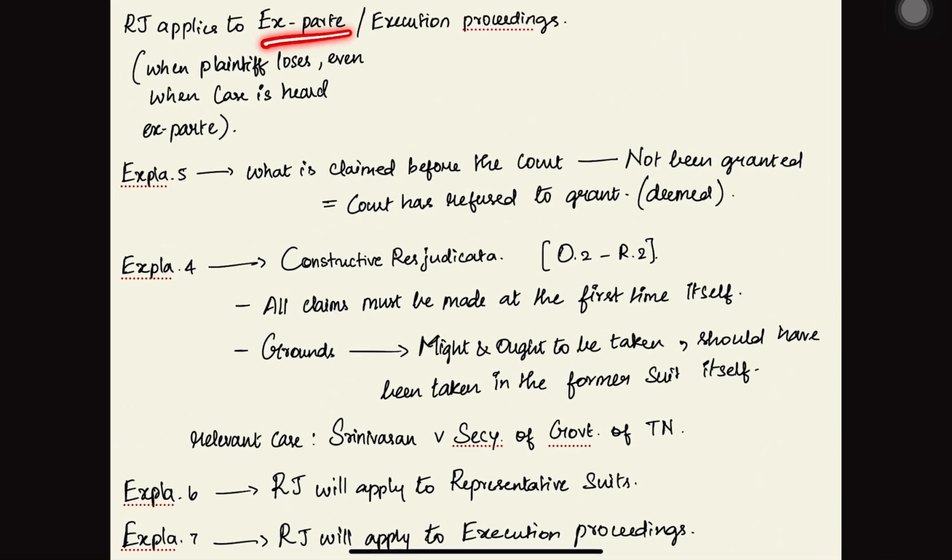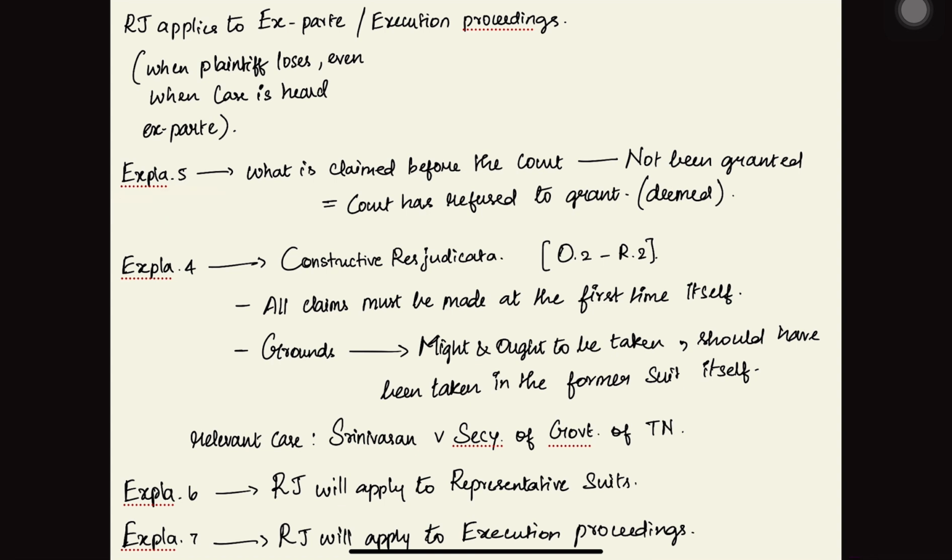And res judicata applies to ex parte decisions. Ex parte means there are cases where ex parte proceedings take place and the defendant is not present, yet the court does not give judgment in favor of the plaintiff. In such a case, res judicata will apply to ex parte decisions, and res judicata applies in execution proceedings as well.